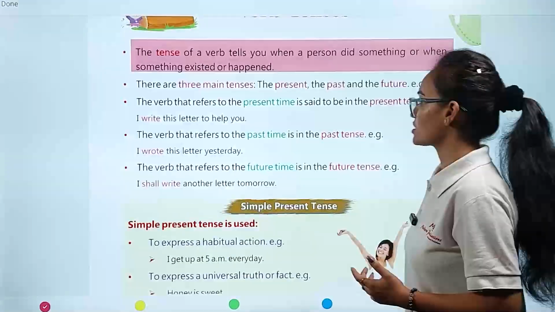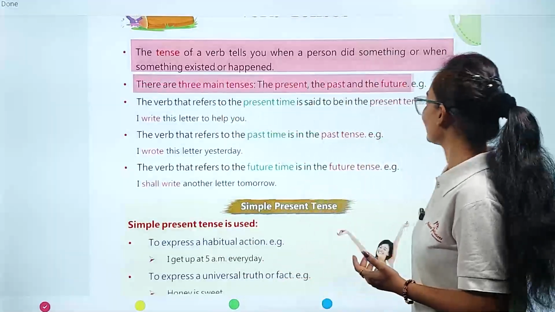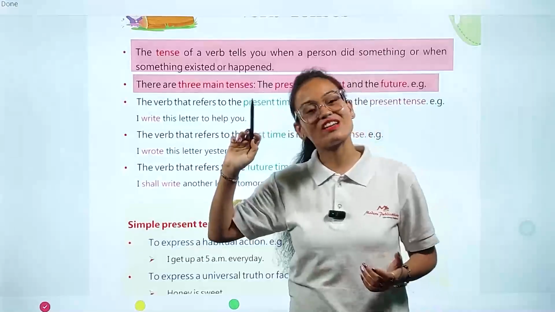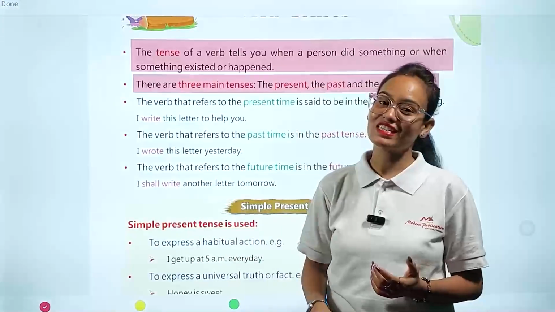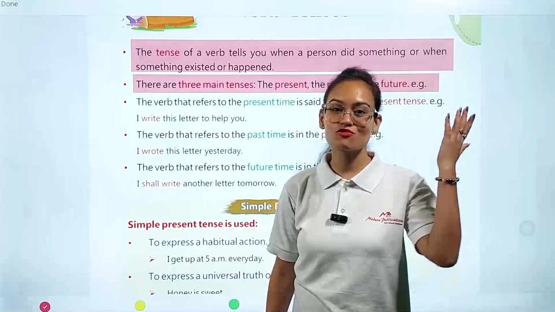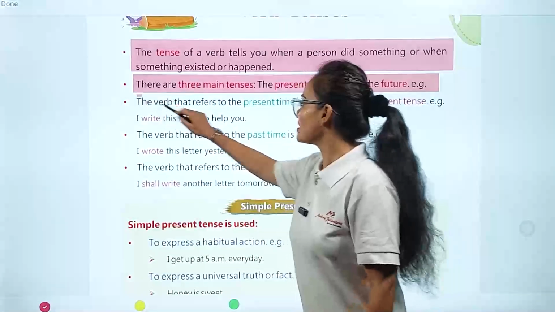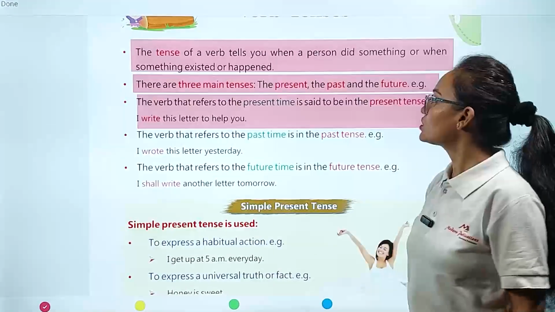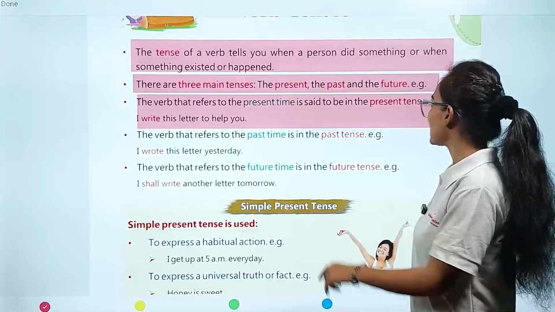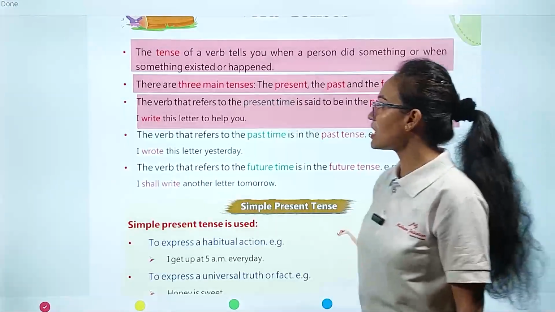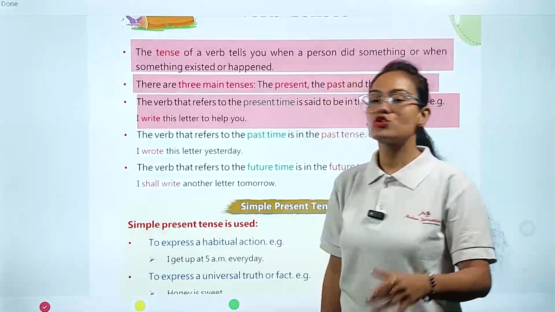Next, there are three main tenses. I already told you there are three main tenses: present tense, past tense and future tense. Now what is the meaning of present tense? See, the verb that refers to the present time is said to be in the present tense. Example, I write this letter to help you.